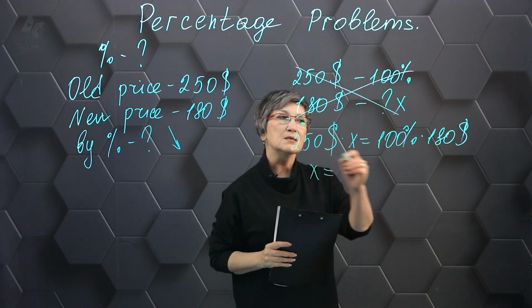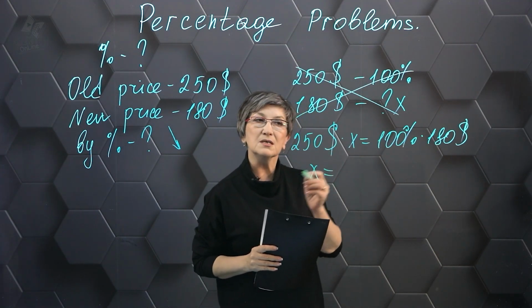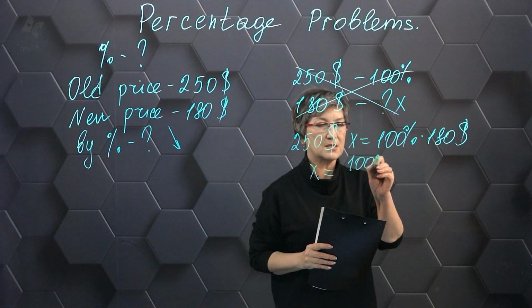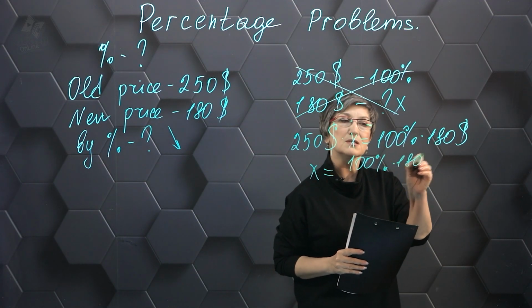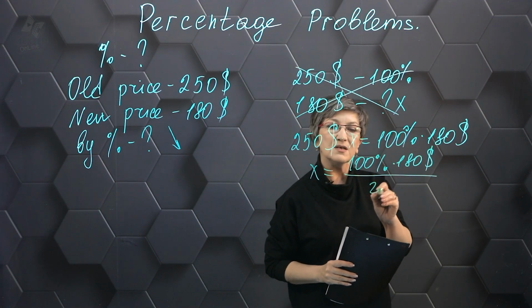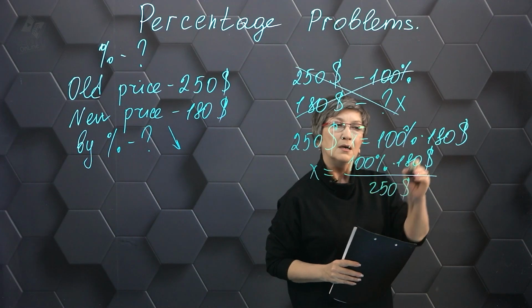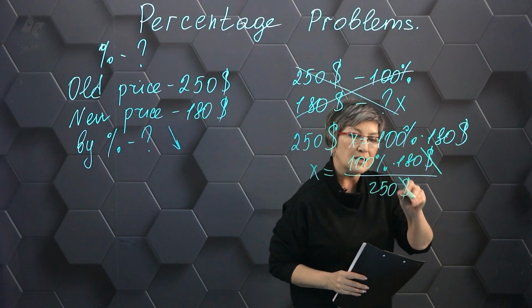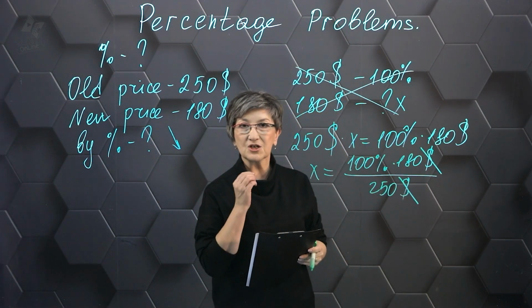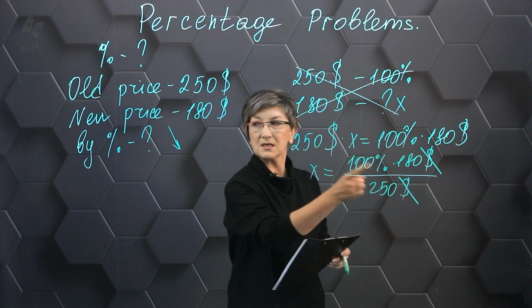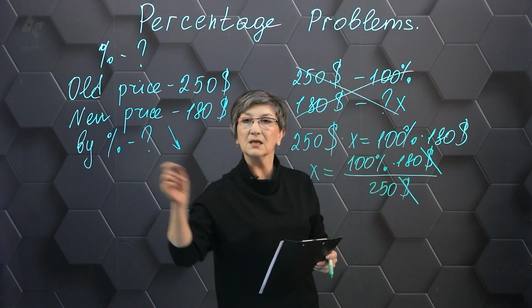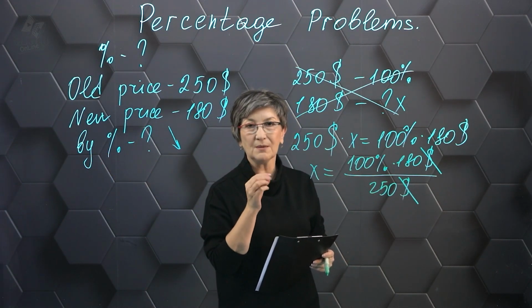From this expression, we can find x. To do this, we multiply 100% by 180 and divide by 250. Our units are reduced and only the percent remains, and we need to find the percent. So we reason correctly and solve correctly. All that's left is to count.